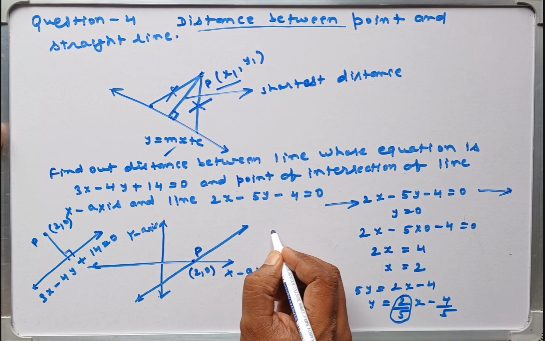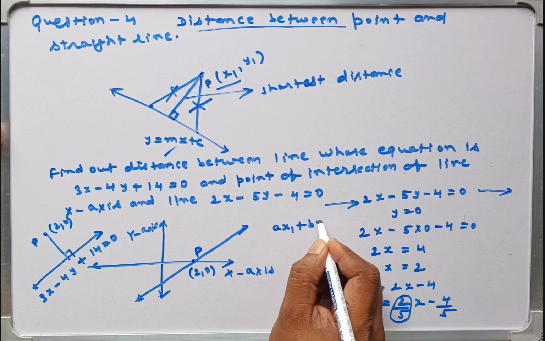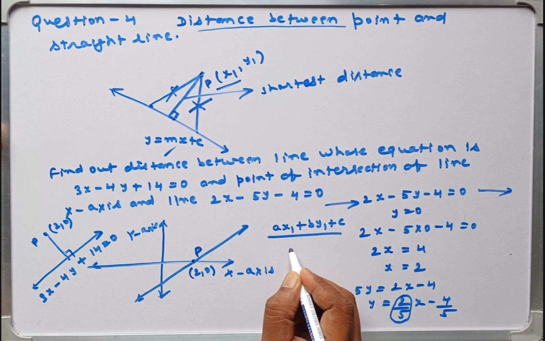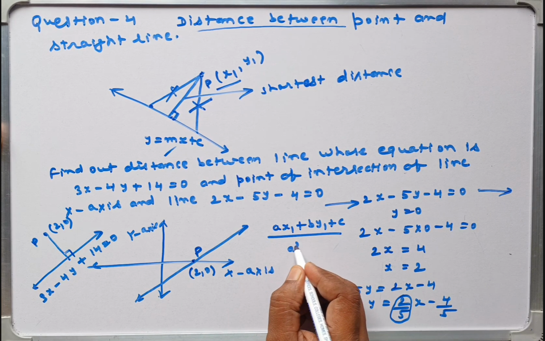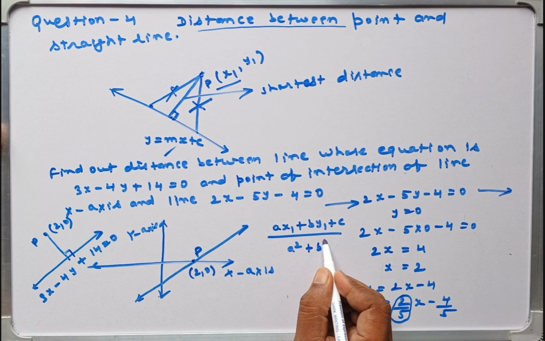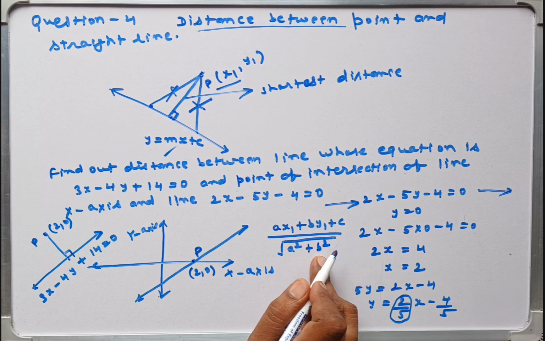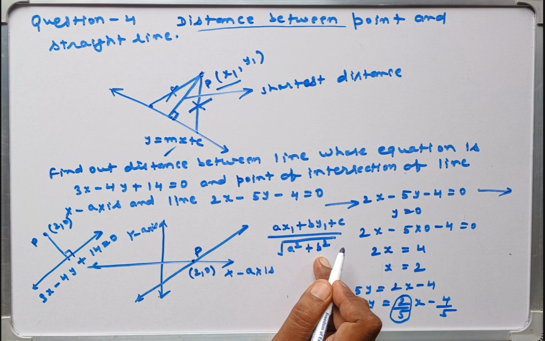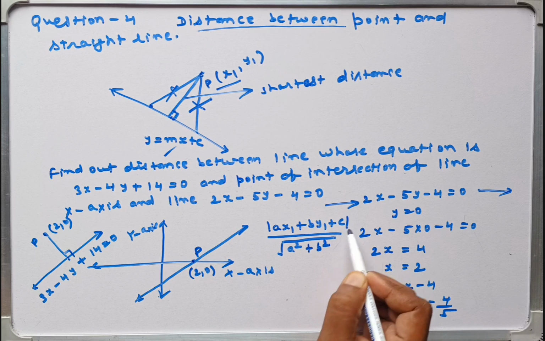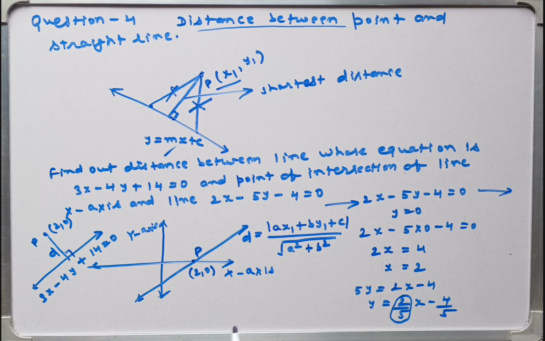Guys, in books you will see the distance between a line and a point is given by the formula: take the coefficient of x squared plus coefficient of y squared, under root, and take the mod. This will give the distance or shortest distance.